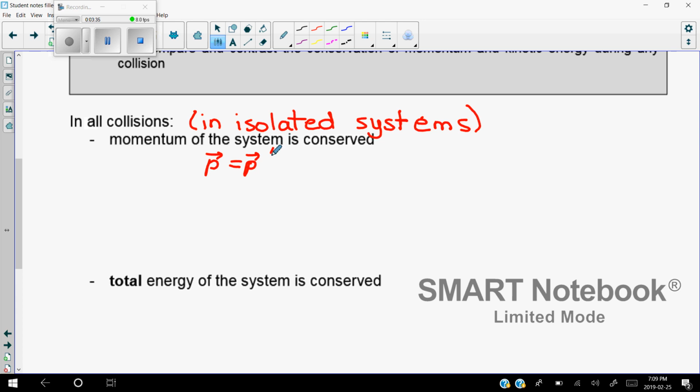So we could even break that down a little bit further. The momentum of object 1 plus the momentum of object 2 is going to be equal to the momentum of object 1 prime, that is after, plus the momentum of object 2 after the collision. So the momentum is conserved.